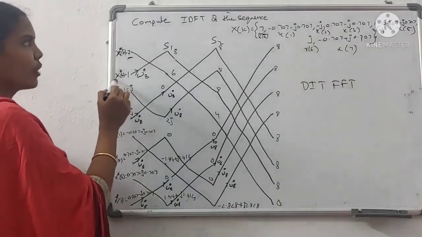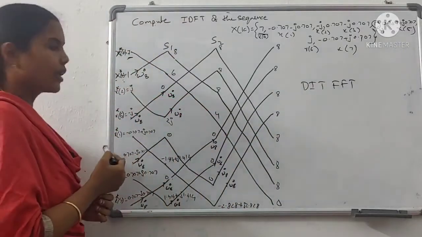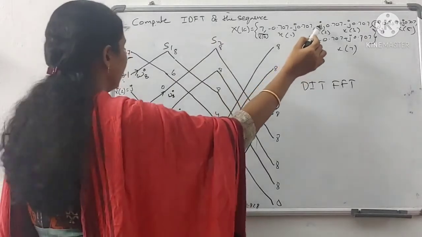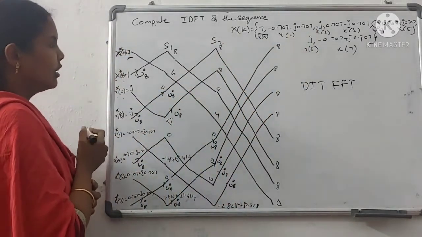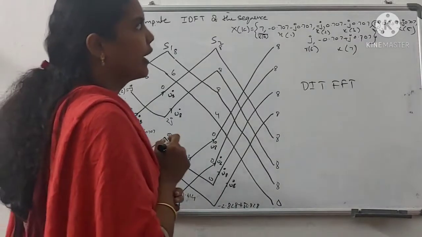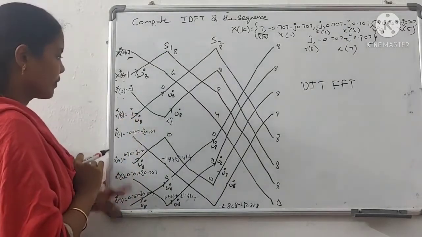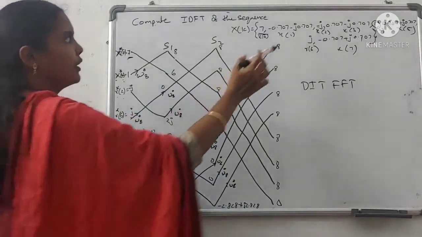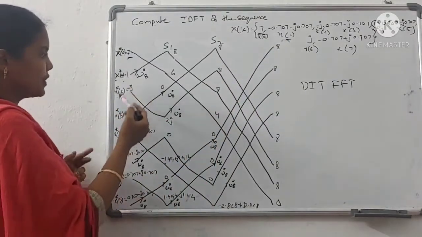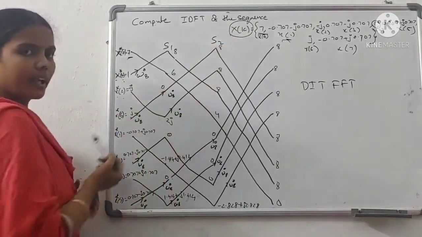For X(4), what is the value? 1. Okay. X(2) is j. Okay. X(2) is j. And X(6) is minus j. And x conjugate of 1, this one.